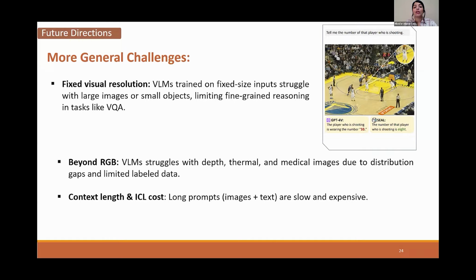So whenever we are trying to adapt them for these applications, we need to find efficient ways to give the network some hint or adapt it for such scenarios, because we cannot use zero-shot scenarios for these applications. VLMs are usually trained on common photos, RGB images.